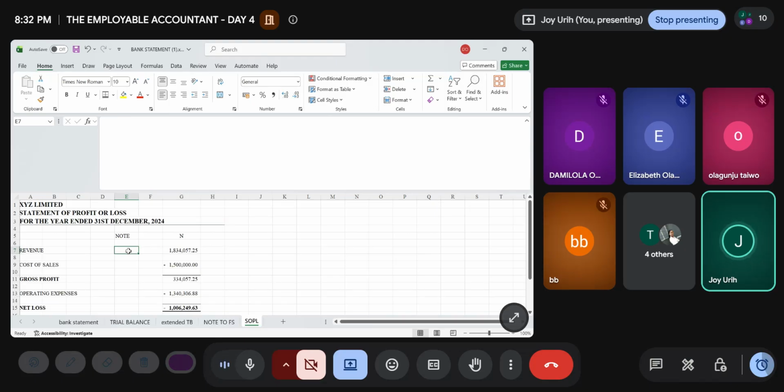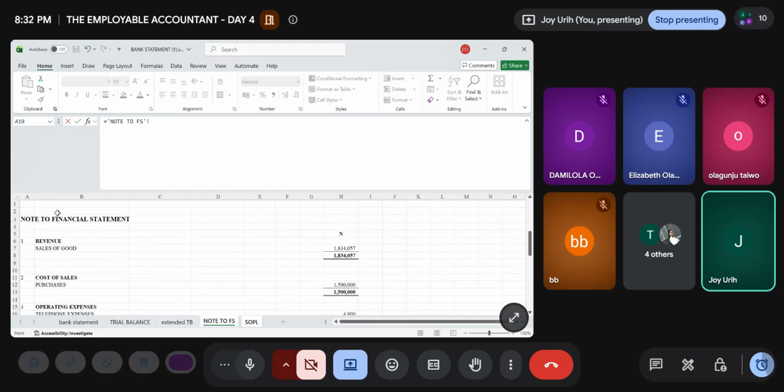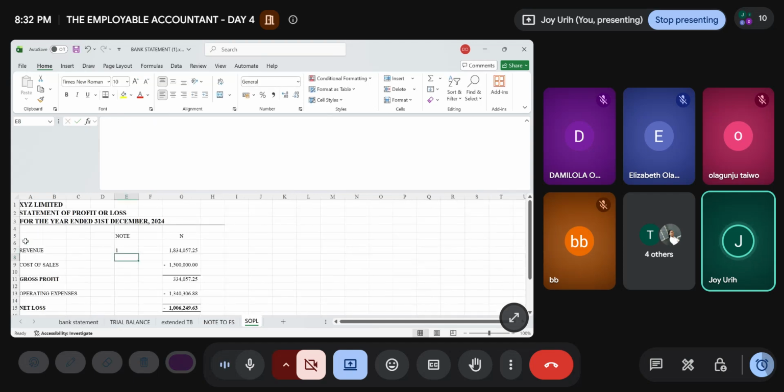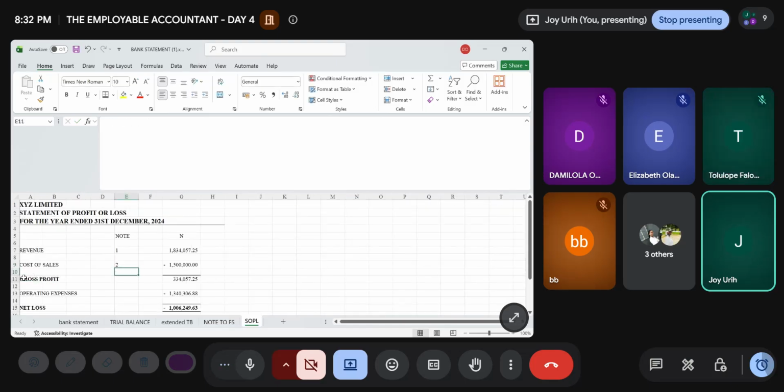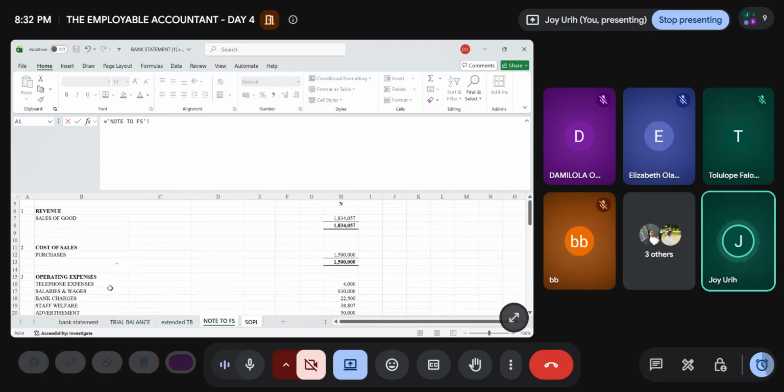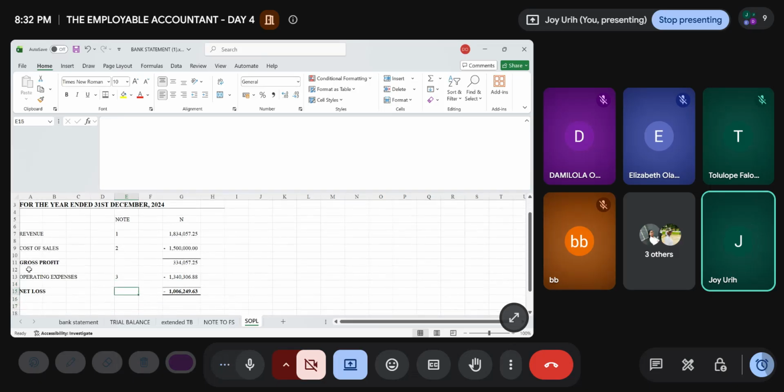So when they go to the notes of your account, they will be able to see the breakdown, what makes up the revenue. So we are going to link the notes number here. What we are simply telling them is that revenue is on note 1, cost of sales is on note 2, operating expenses breakdown or whatever you need to know about it is under note 3, like that.